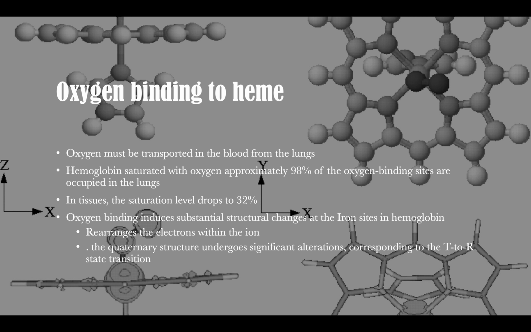The electronic structure and the magnetic properties of the hemoglobin, which constitute the foundation for functional magnetic resonance imaging, have also changed by this time. And when oxygen binds, the quaternary structure undergoes alterations, changes which correspond to the T to R state transition.